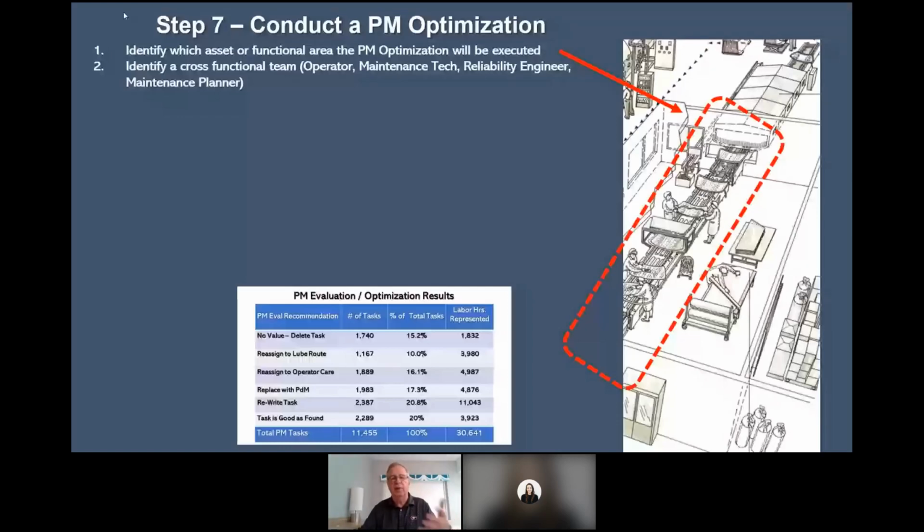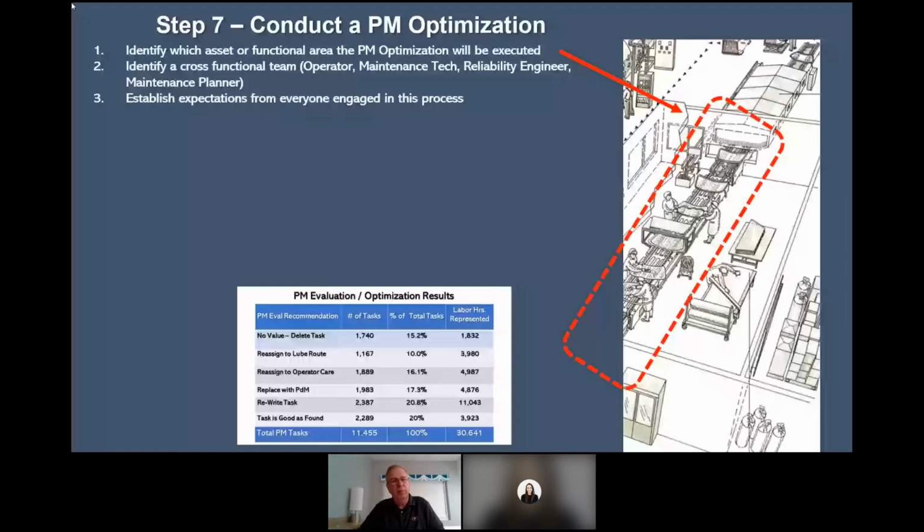Establish expectations from everyone engaged in this process. So what would your expectation be if you're doing a PM optimization? Anybody? Come on now. Somebody's got some expectations on it. What do you think?